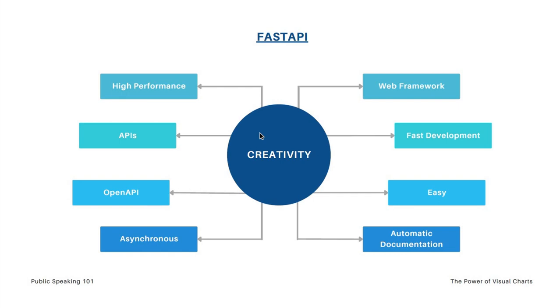Here we are going to discuss FastAPI. As I explained earlier, it's a web framework in Python for developing APIs. It has various features like high performance, faster development with a lesser amount of code, easy to develop, it is based on OpenAPI specifications, asynchronous, and it has automatic documentation which uses Swagger API.